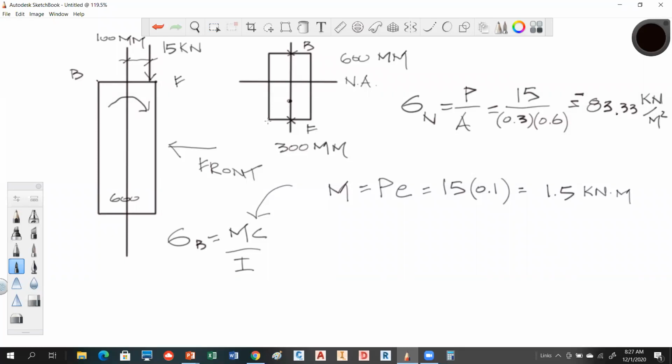That would be 1/12 the base times the height cubed. So 1/12 times the base, 0.3, times the height, 0.6, cubed, divided by 12. Let's see what we come up with here.